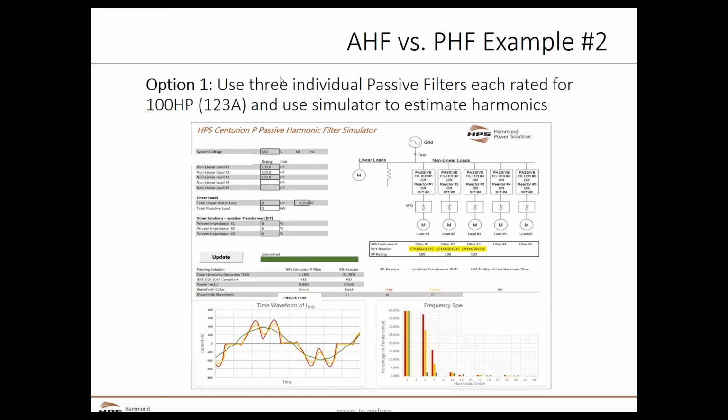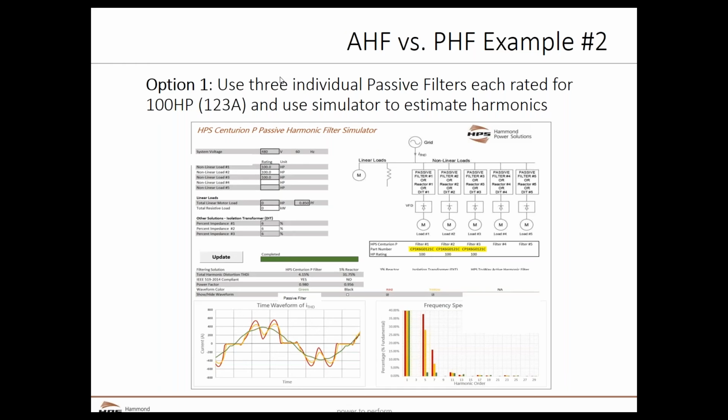The red waveform is what the harmonics would be without mitigation. And then the green waveform shows the mitigated waveform with the passive filter. So you can see with the green waveform that it's very sinusoidal, the harmonics are low.